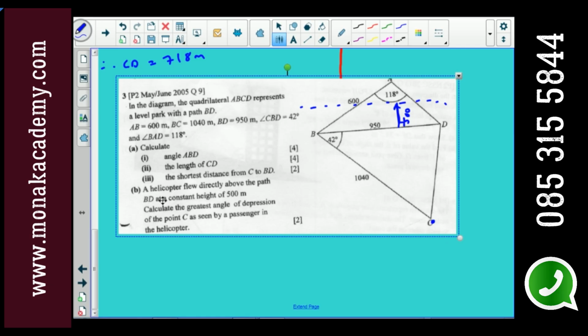So somebody is looking from there. Let's say he's looking from here and he's looking directly at C. So far, so good.